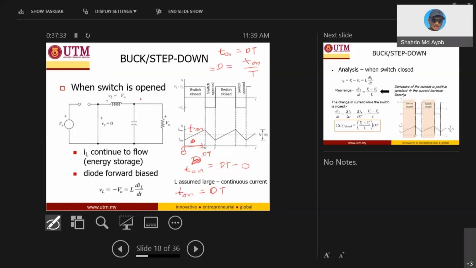This is a new parameter, which is what I call the duty cycle, which is D. So what is duty cycle? It is the ratio of T on over T.